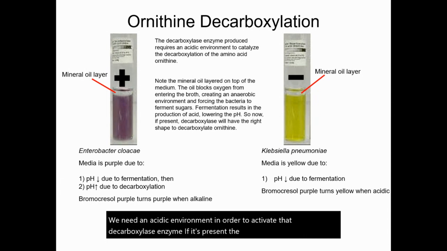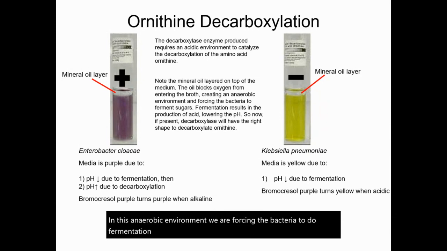The only way we can get that acidic environment is if we force the bacteria to do fermentation. In order to make that happen, we add mineral oil to the tube because that creates an anaerobic environment. That prevents the bacteria from doing respiration if they're able to. So by adding that mineral oil, we seal off the media from any external oxygen, creating an anaerobic environment. In this anaerobic environment, we are forcing the bacteria to do fermentation.